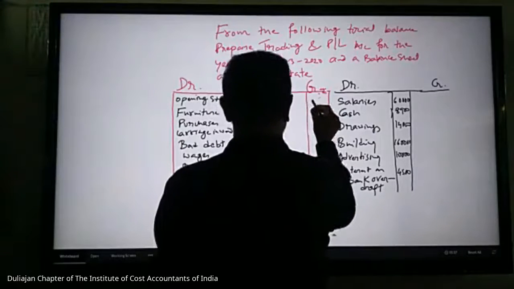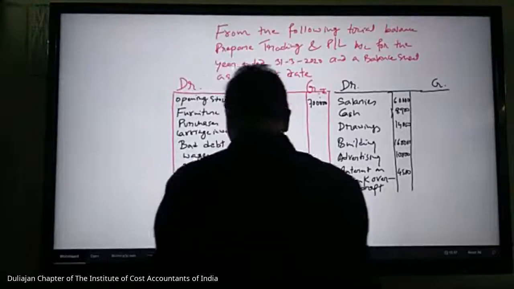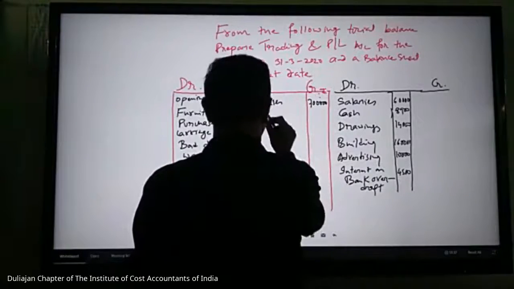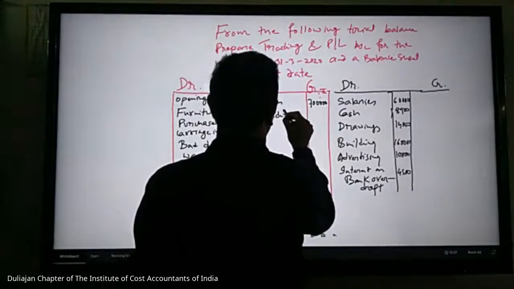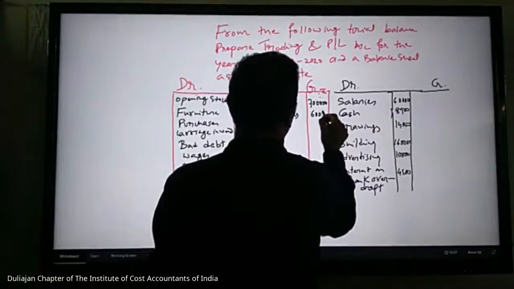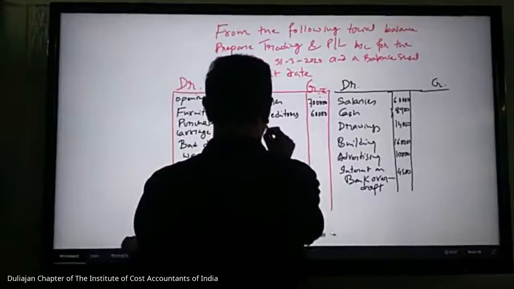Sales 7 lakhs. Creditors 60,000. Bank overdraft 50,000.